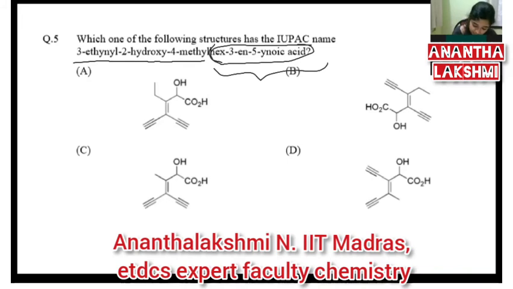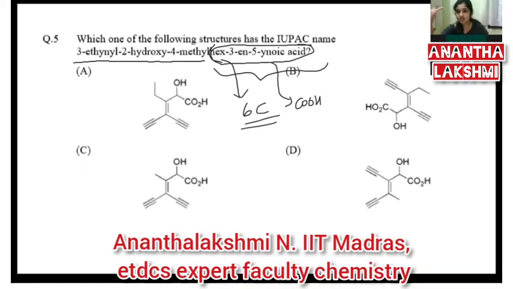So hex indicates that there are 6 carbons in our main chain, and there is a COOH group in our main chain. So obviously carboxylic acid has higher priority. Okay, so we should start numbering from the carboxylic acid.